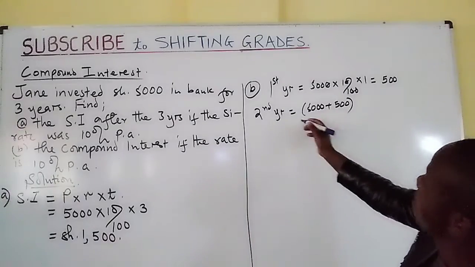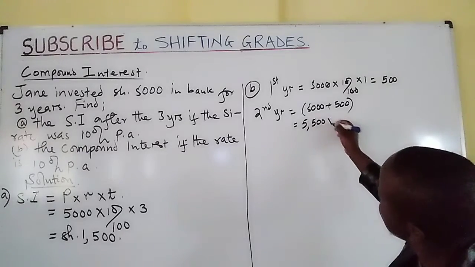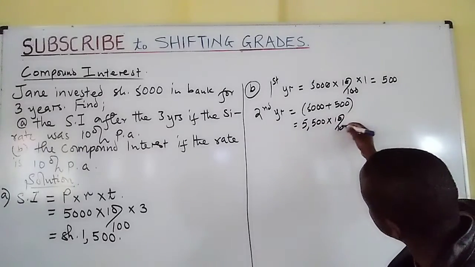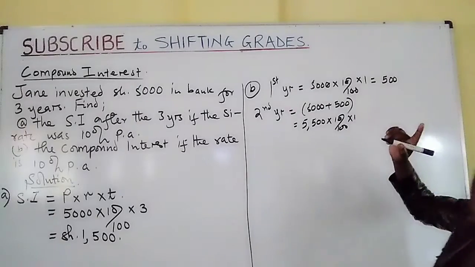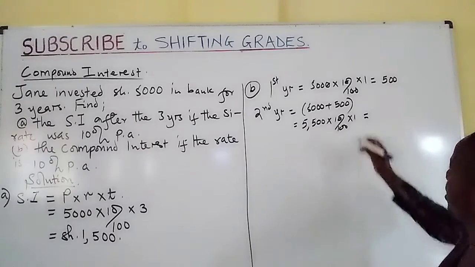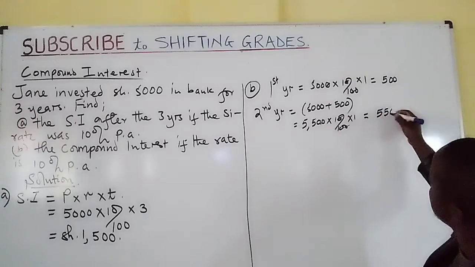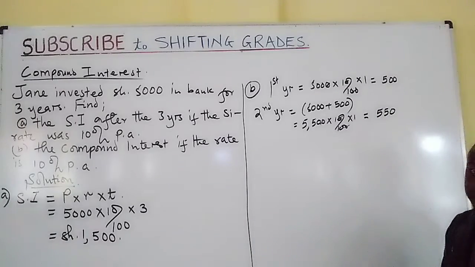Therefore, she is already having 5,500, and they will both earn interest together for that second year. And you'll find that this one is 550. The interest for the second year is 550.